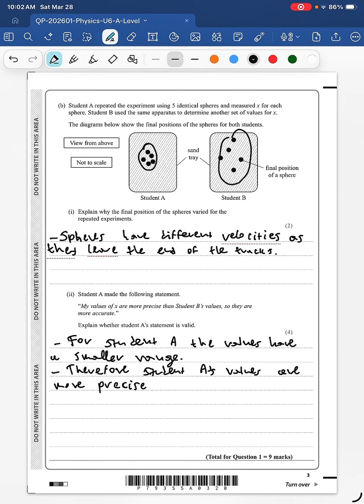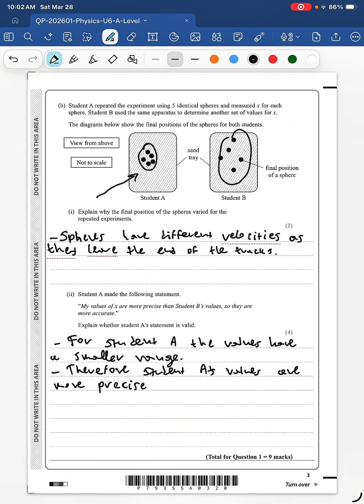So this is what precise means. If we look at the picture here, all the values are concentrated. Like everything is not far from everything. Every measurement is not very different from other measurements. But student B's values are not precise. But when we talk about accuracy, accurate means close to the true value.